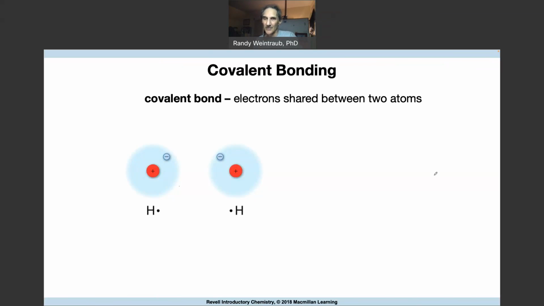To form a covalent bond, the 2 electrons pair up in the space between the 2 nuclei. The force of attraction between the nuclei and the 2 electrons stabilize this sharing, and we represent this with a dash, and that is a single bond.